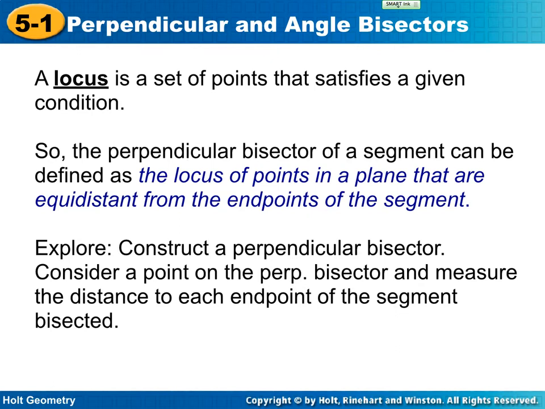Is Y equidistant from the endpoints of that segment? Should be, yes. If I went further down, should be the same thing. So this locus of points, all of these points are equidistant from A and B. That's kind of the description there using the term locus.